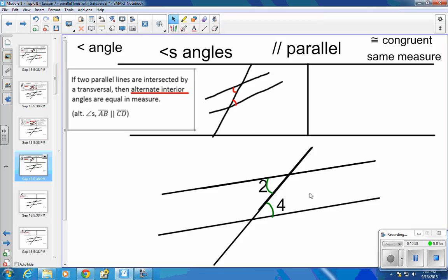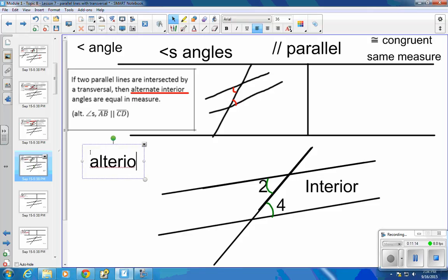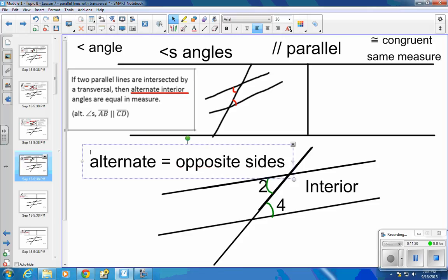So this is interior again, interior. So that's the interior between the 2 parallel lines, and these are on opposite sides. So alternate means opposite sides.